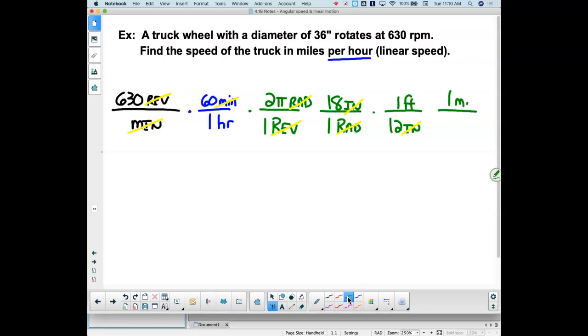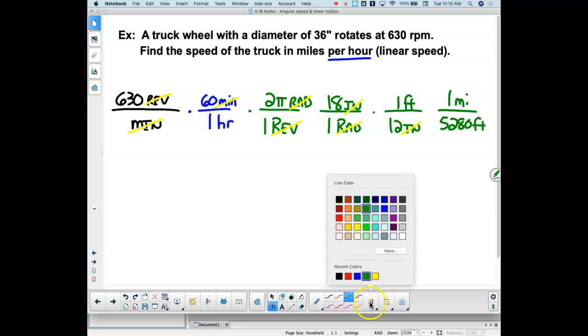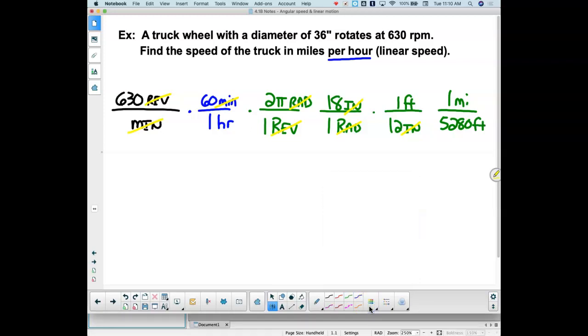One mile is 5,280 feet. So in the end, on top, my only label left is miles. On the bottom, my only label left is hours. So I'm in miles per hour. Okay.